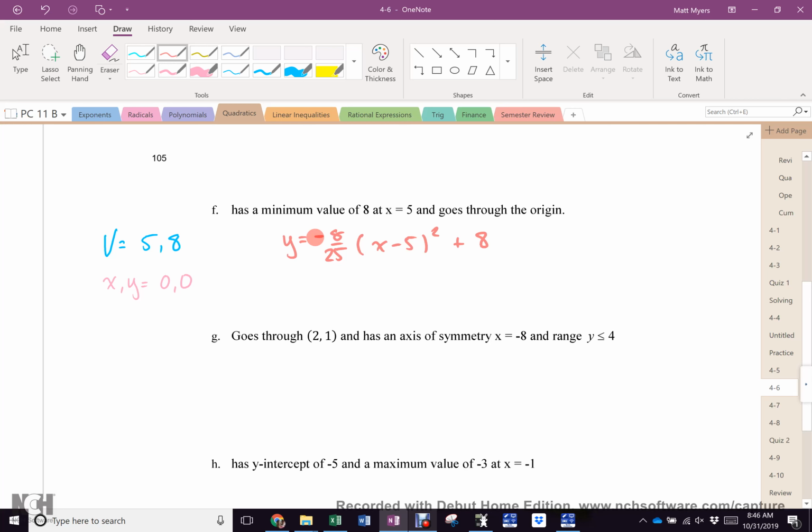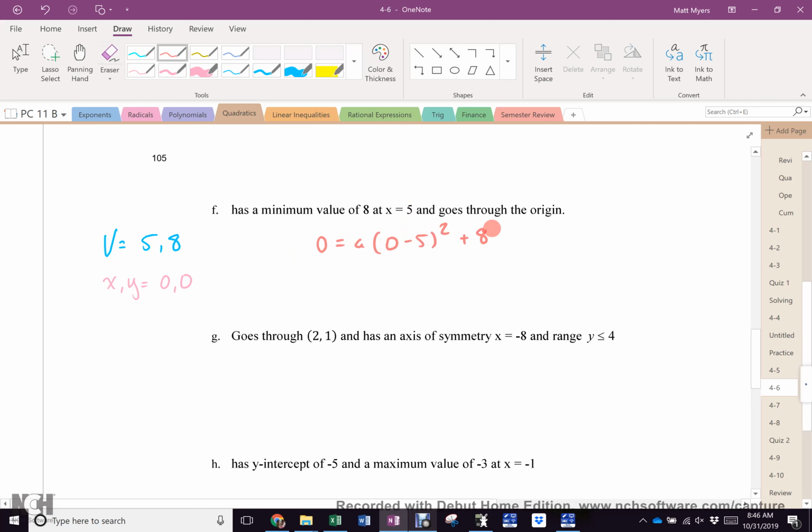I don't know why he wrote it as a negative. All of you agreed. Well, let's have a look here, children. 0 equals a(0 minus 5) squared plus 8.